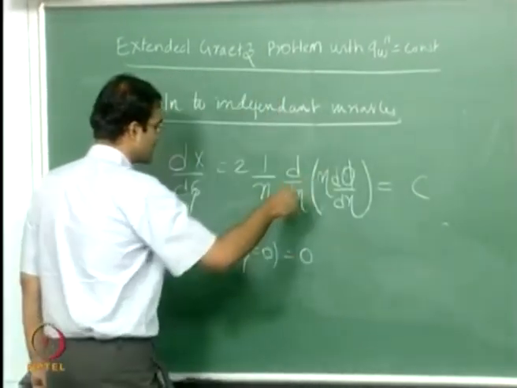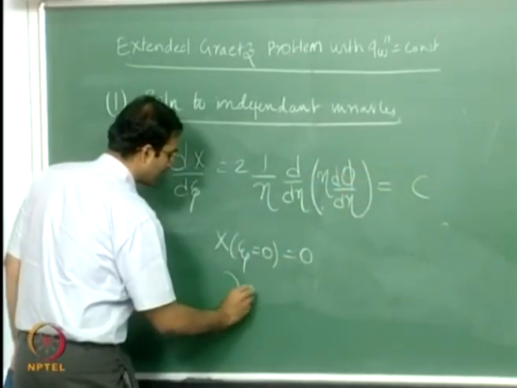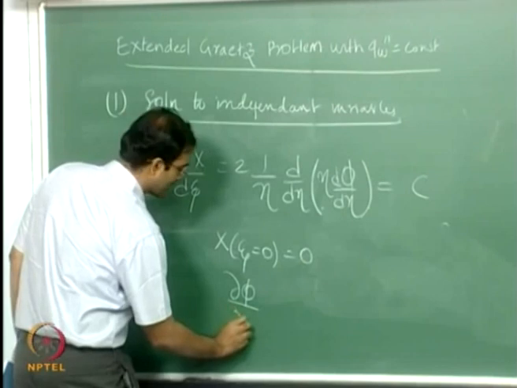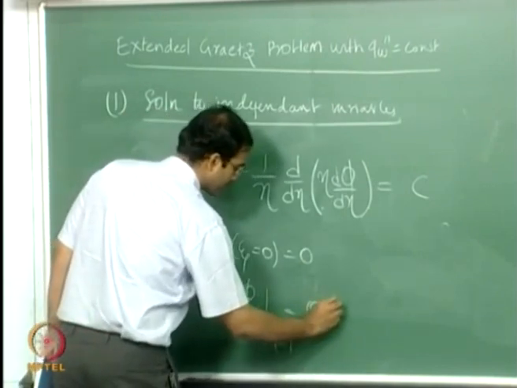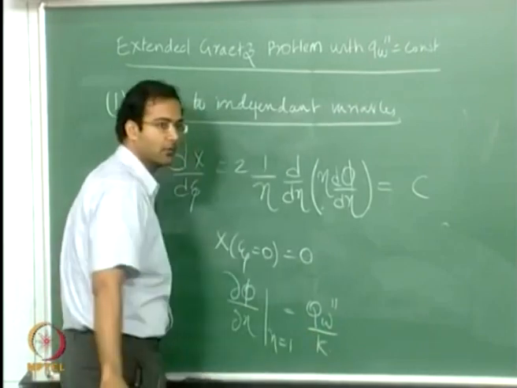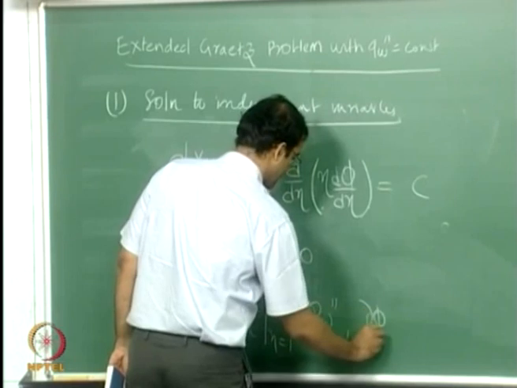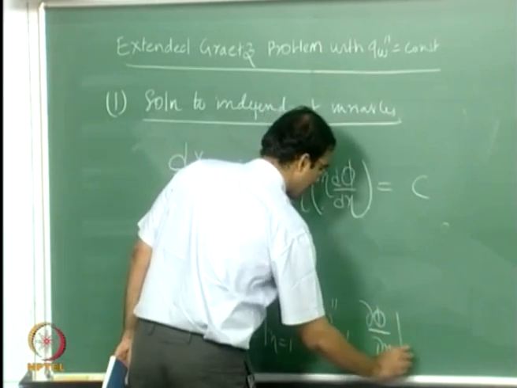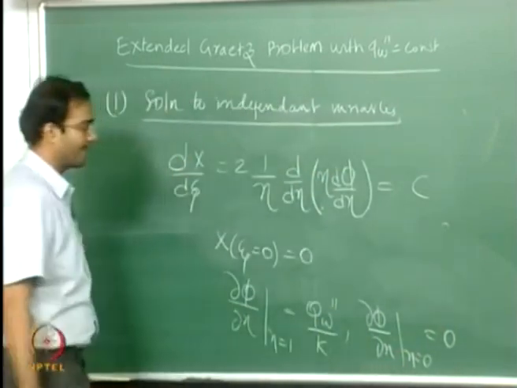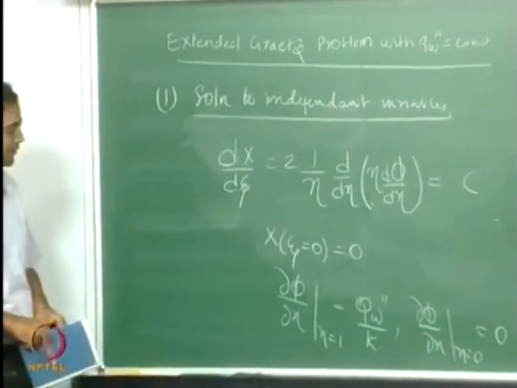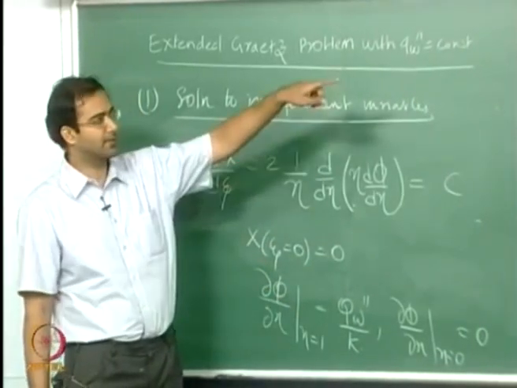And corresponding to phi you assume that your d phi by d eta at eta equal to 1 is equal to q wall by k, and the other boundary condition is your d phi by d eta at eta equal to 0 is equal to 0. Okay, so you apply these two boundary conditions to this. Now you get the point why I have written it that way.